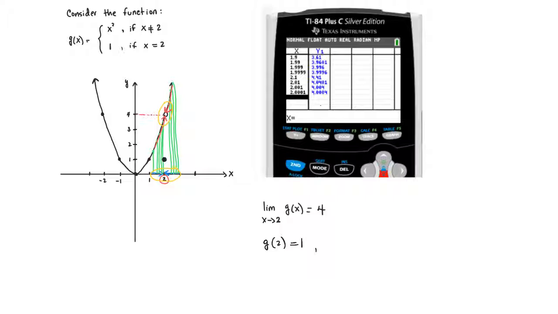And the y values are approaching 4. They are not approaching 1. So this is why the limit as x approaches 2 of g of x is not equal to the y value. As we said above, the limit as x approaches 2 of g of x happens to be equal to 4, not to 1.